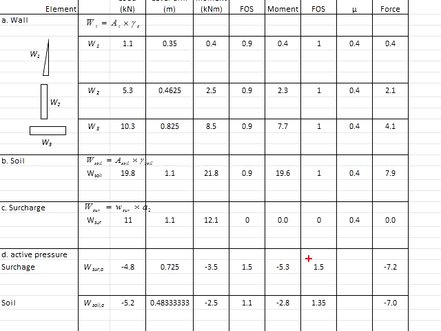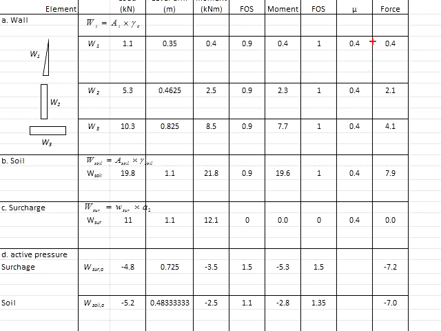For QK, it is 1.5, and for GK, it is 1.35. The horizontal forces are not multiplied with the coefficient of friction, as they are not used to generate frictional force. The sliding force is computed by multiplying the load here with the factor of safety. The negative value here represents the sliding force, which is non-favorable.